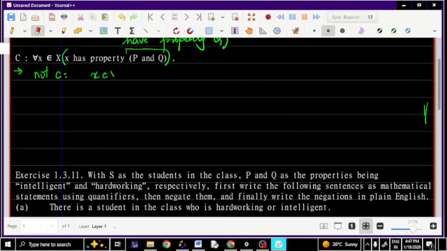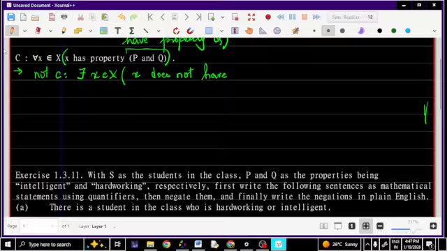So this will change to there exists x in X such that x does not have property P and Q. The name of the property is P and Q.